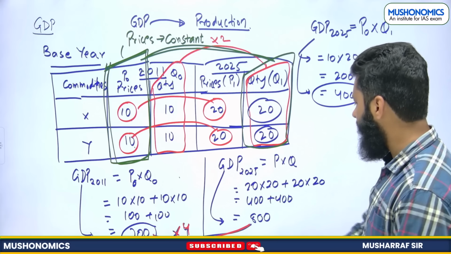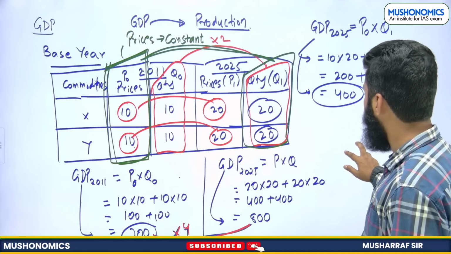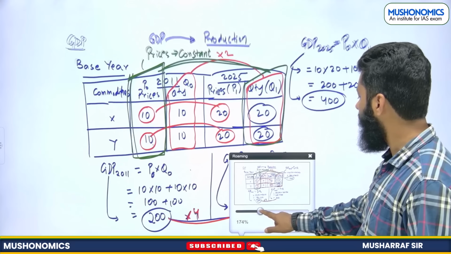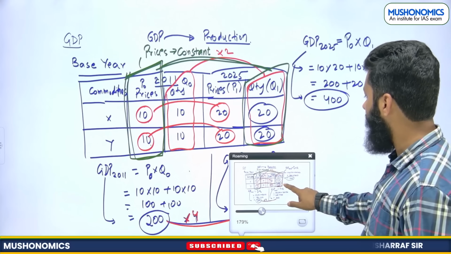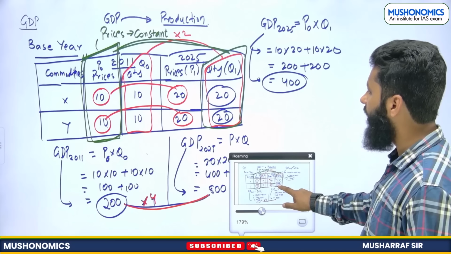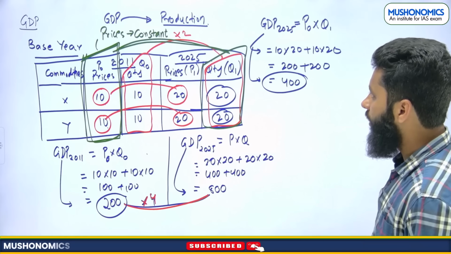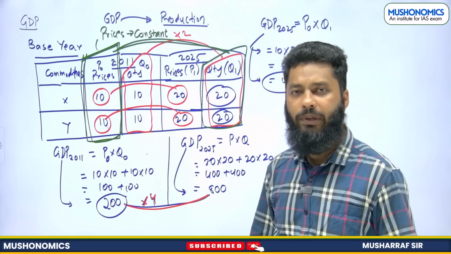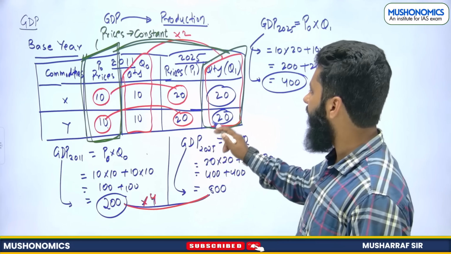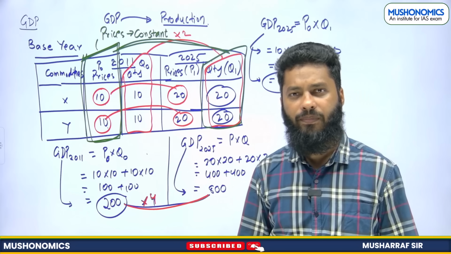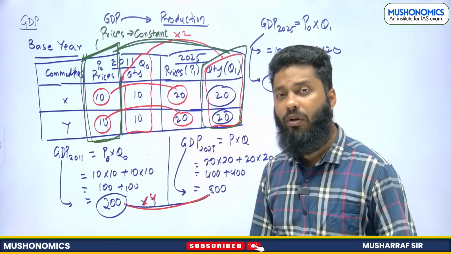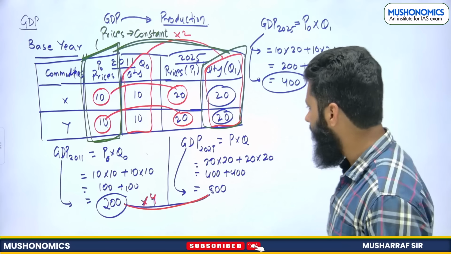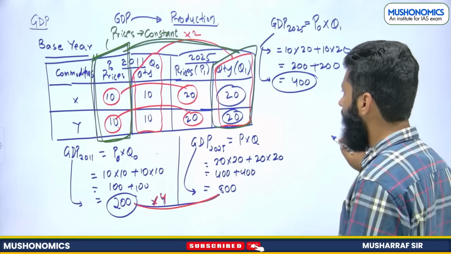So what we have understood in this calculation is that if we are calculating GDP and taking into consideration price and quantity of the same year, then there is an impact of change in price, and if inflation is there, we will encounter inflation.